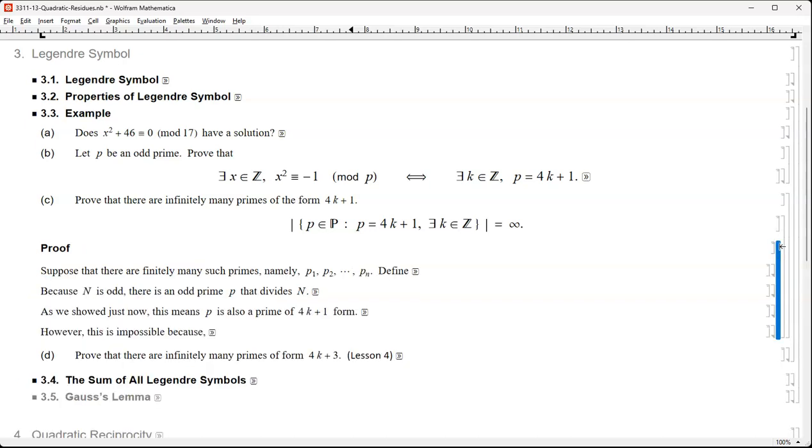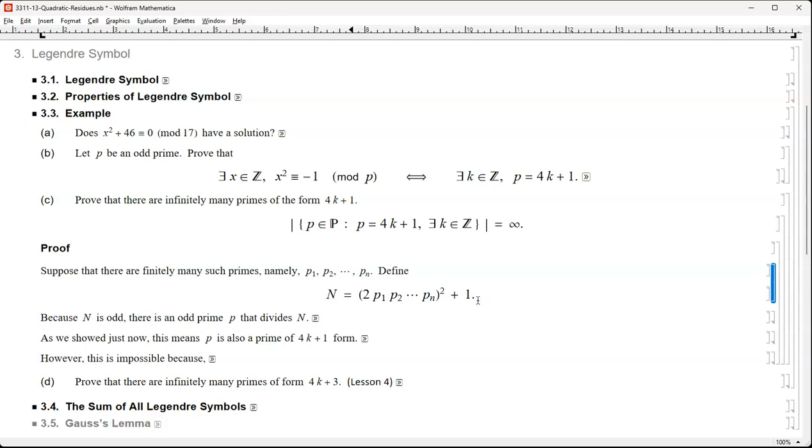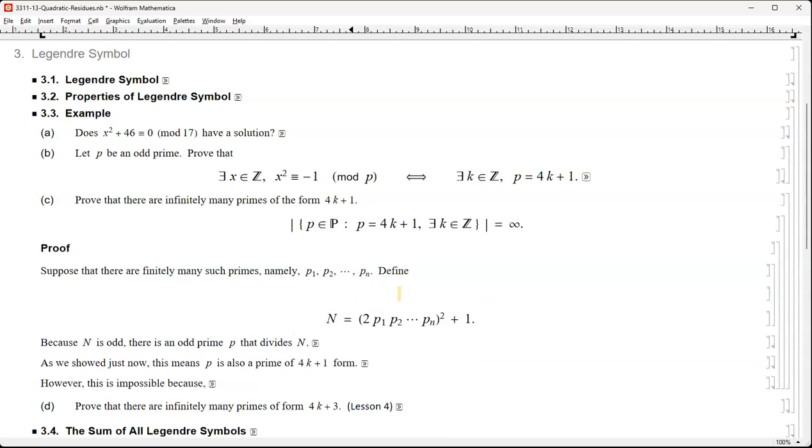Alright, suppose that there are finitely many such primes, p1, p2, p3, up to pn. Just like the way we proved there are infinitely many primes to begin with. Way back in lesson 3, or was it lesson 4? I think it was lesson 4. In lesson 4, we did something like this. And then p1, p2, p3, like this. And then we went from there, remember?